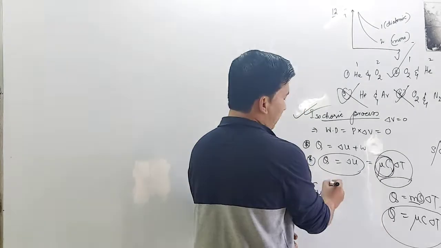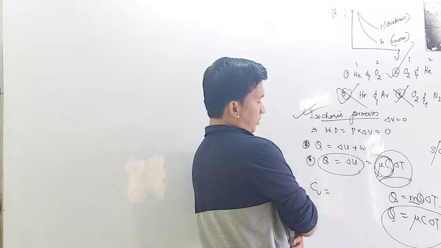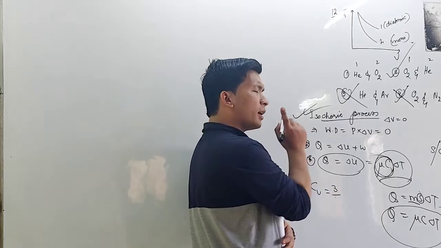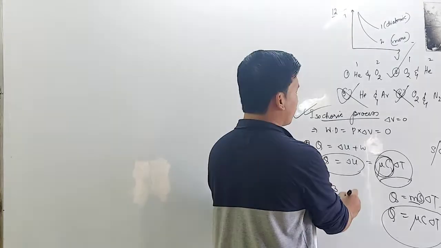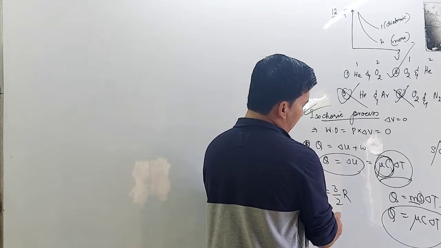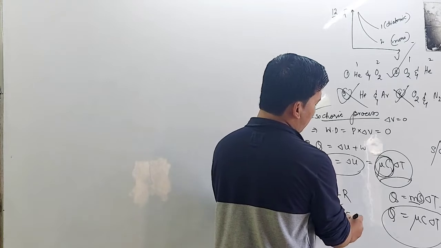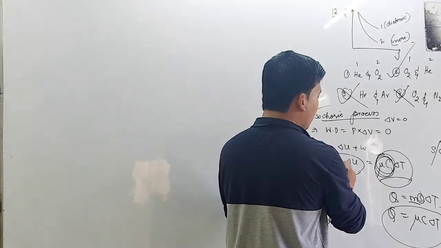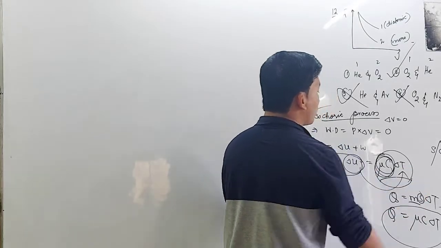C_V for monoatomic gas is 3/2 R, and for diatomic it would be 5/2 R. This is fixed. Since it is constant, the internal energy is directly proportional to temperature.